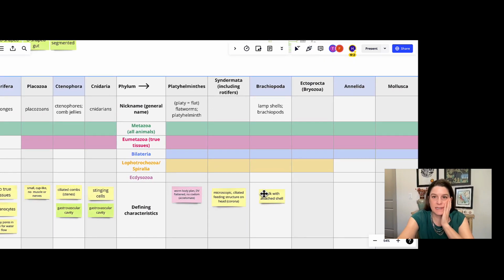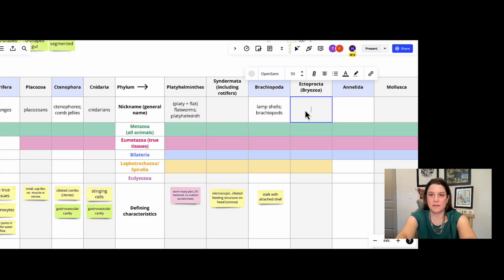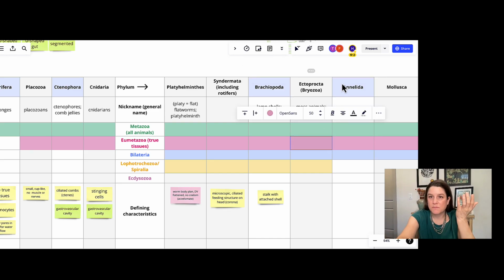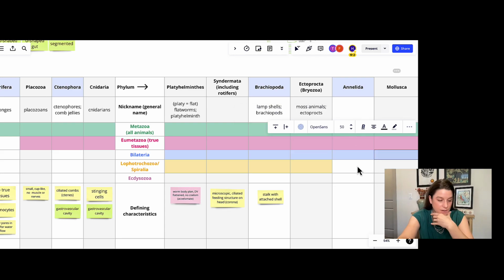You don't need to know any examples of those specifically. Ectoprocta are called the moss animals, or ectoprocs. Bryozoans, you might also hear.